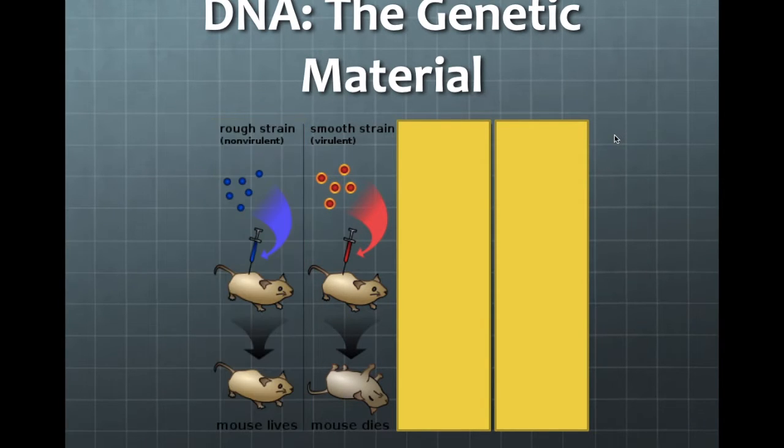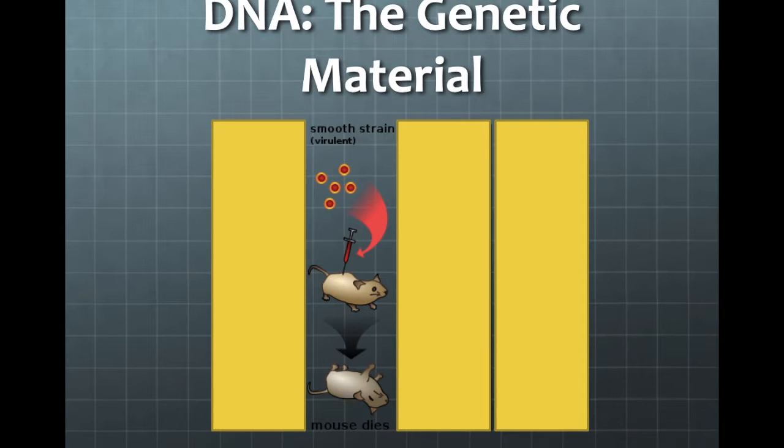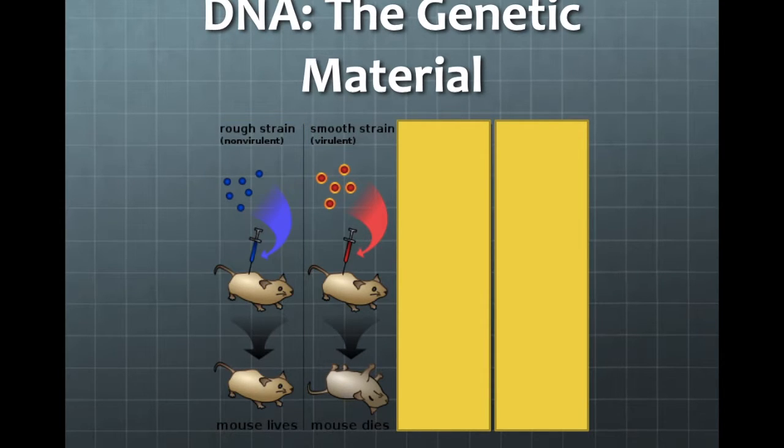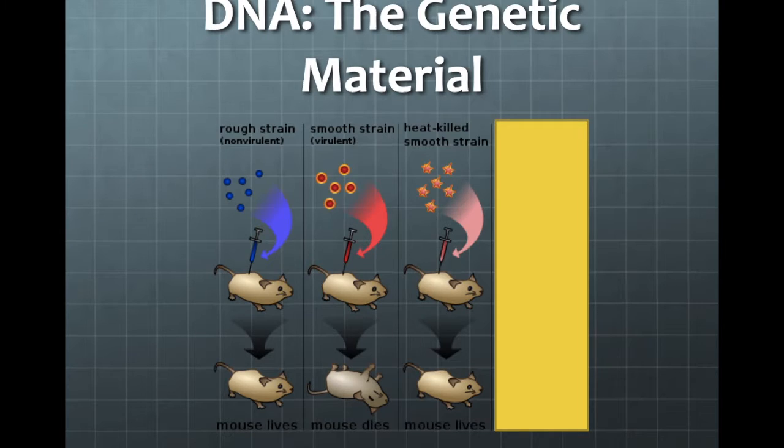There are four different variations within this. With the smooth strain, the disease-causing one, we inject it and the mouse dies. With the rough strain, the non-disease-causing one, we inject it and the mouse lives. If we heat-kill the smooth strain, the mouse lives.